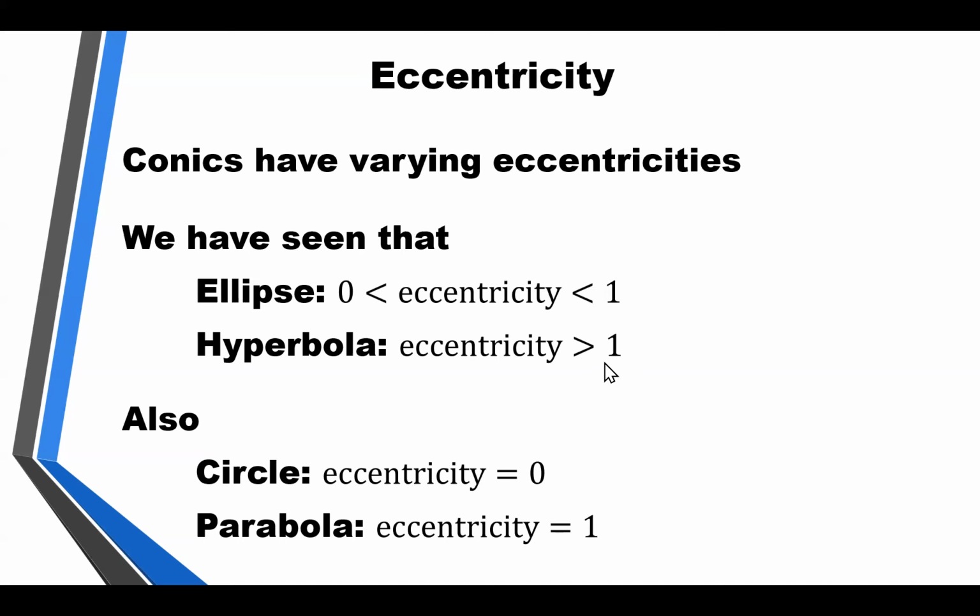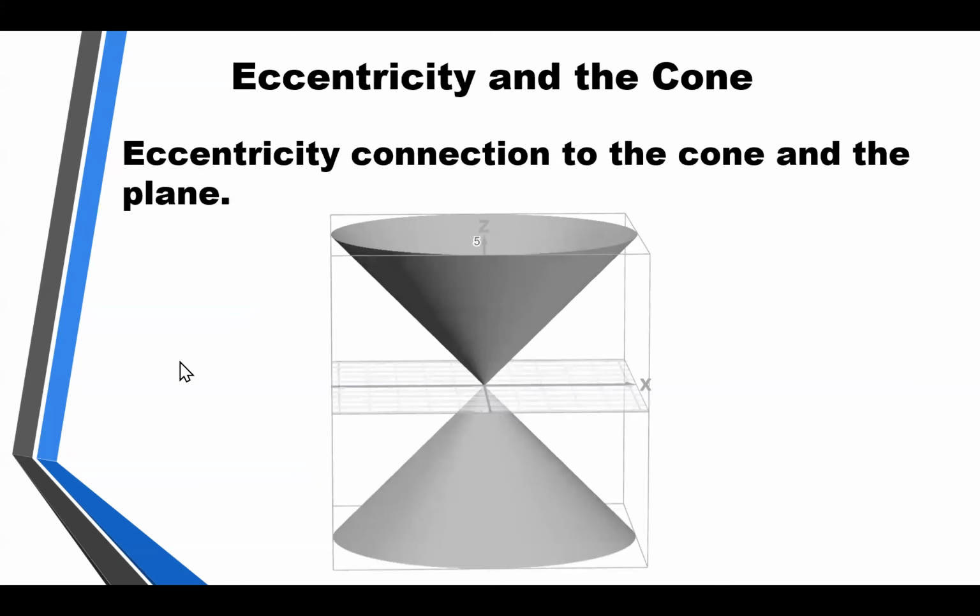I'll talk about the hyperbola in a moment, but notice that when you get closer and closer to 1, you can think of that as closer and closer to a parabola. So a really, really stretched out ellipse may start looking like a parabola. I'll show you the connection to the cone and why the eccentricity is that way right now.